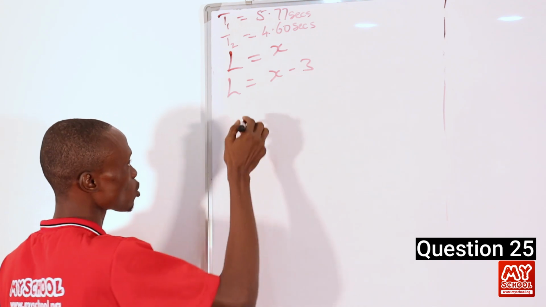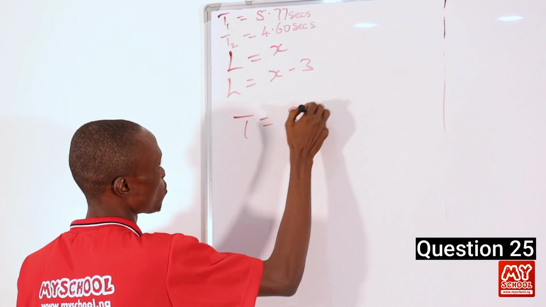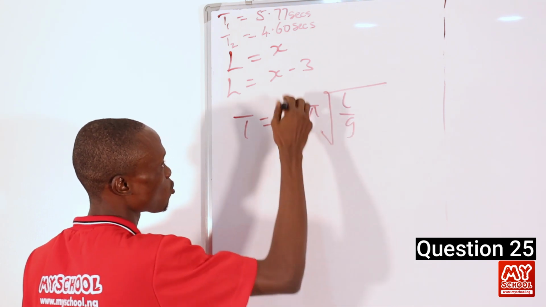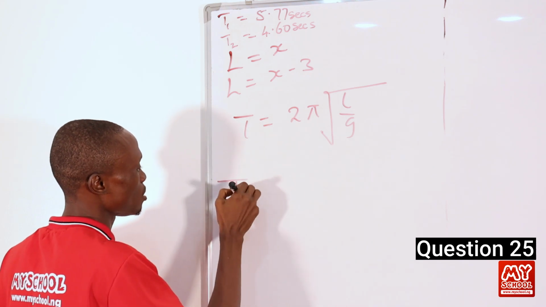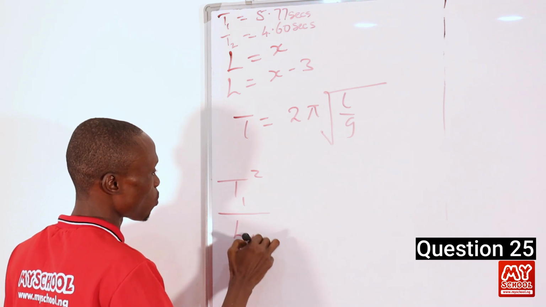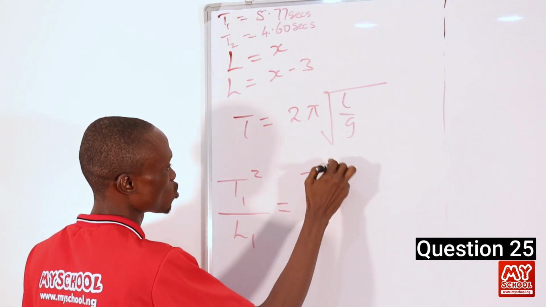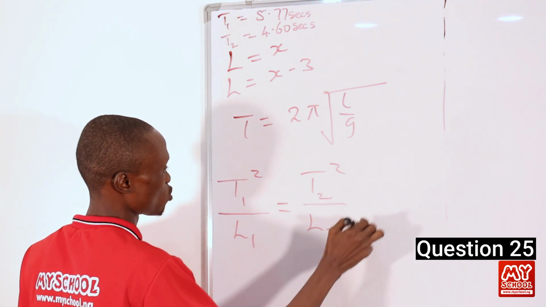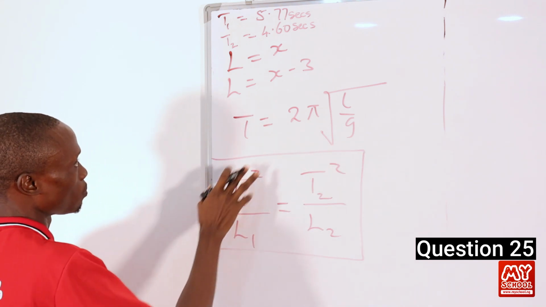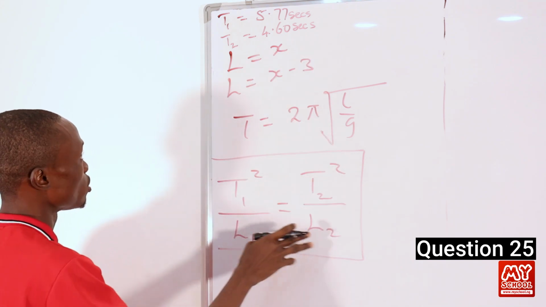We know that T equals 2 pi root L over G. So from here we get that T1 squared over L1 equals T2 squared over L2. We substitute the given information into this equation.